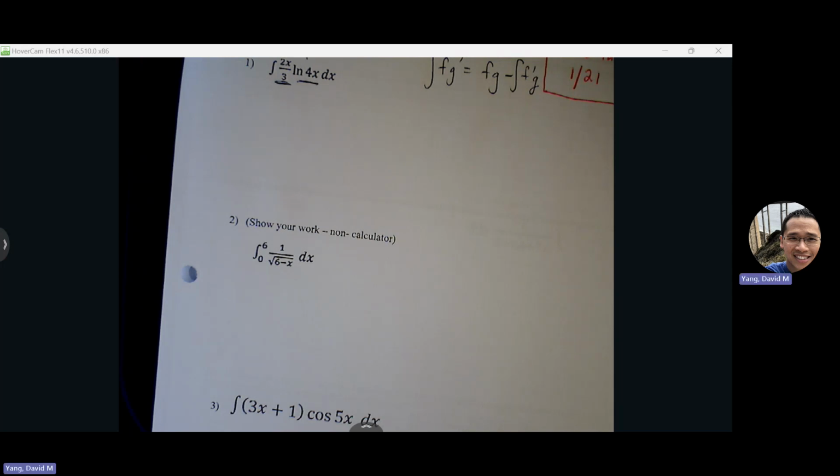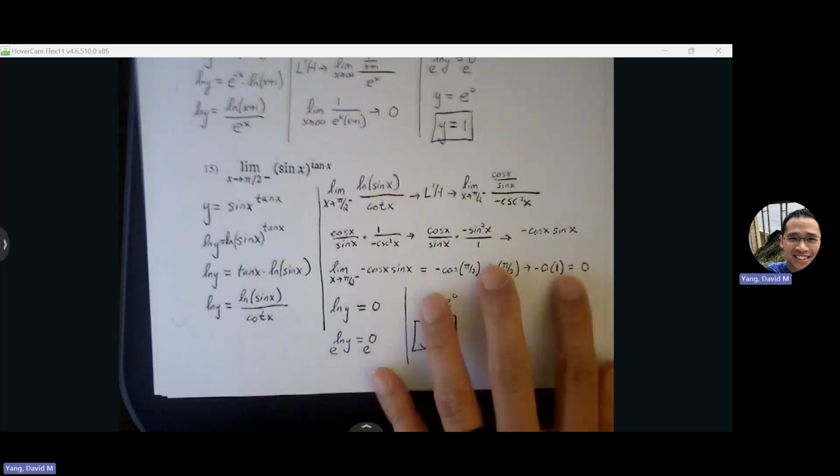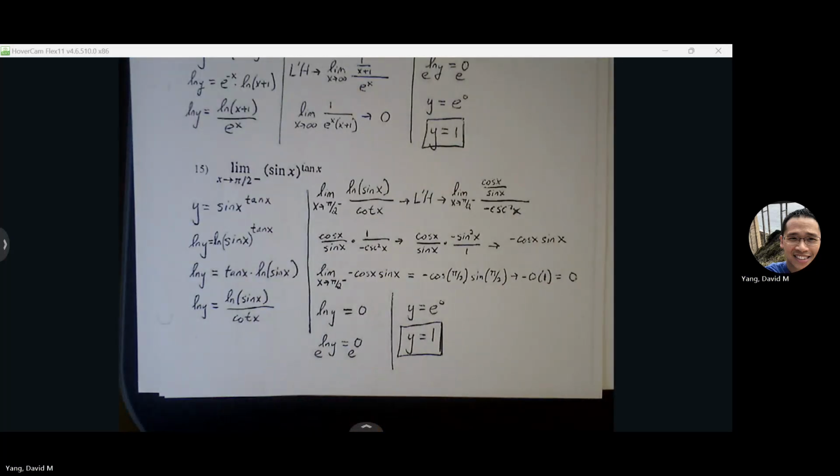You go over, like on page 17, number 15. I see it. This one here? Yeah. So we know that this is a limit problem, which you're expecting to be some sort of L'Hopital's problem. But L'Hopital's rule is not going to work unless we get a numerator and denominator. So this is variable raised to variable.